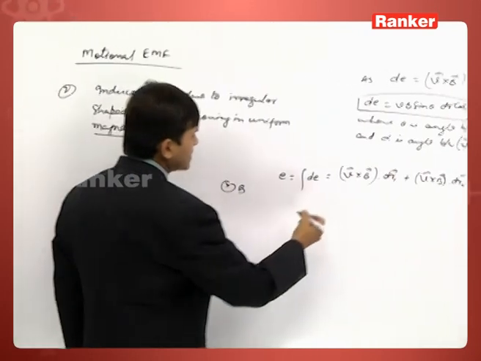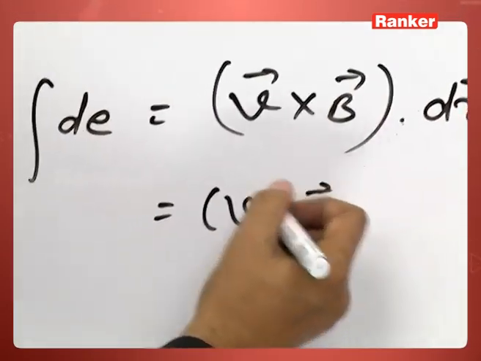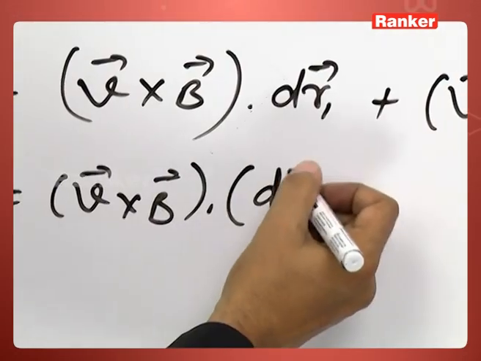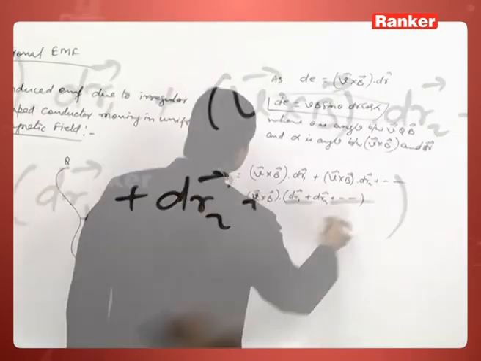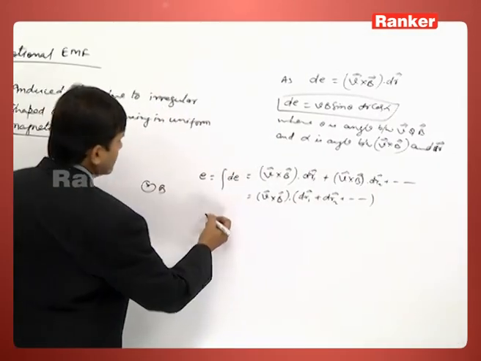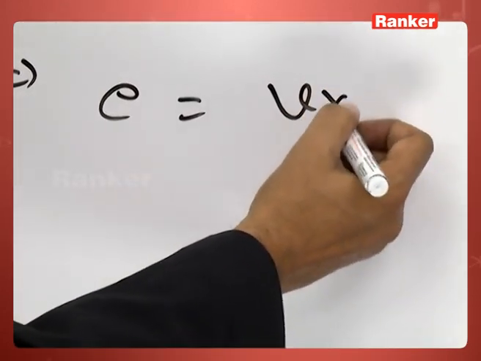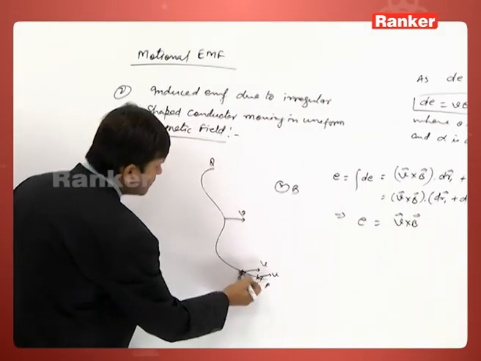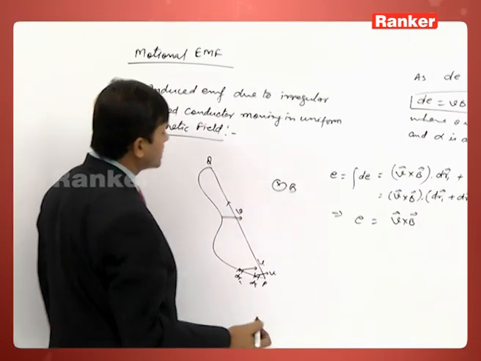So it becomes V cross B dot (dr1 plus dr2, likewise), and this becomes the vector PQ. So E is V cross B dot PQ.